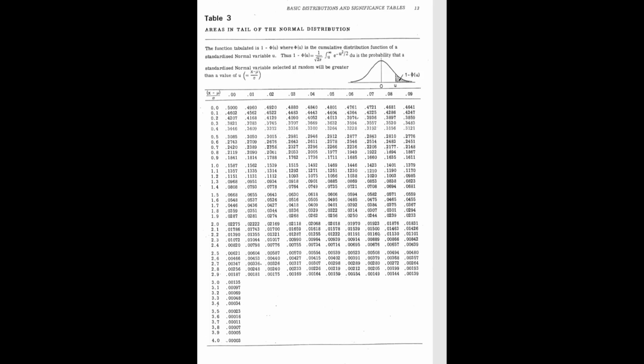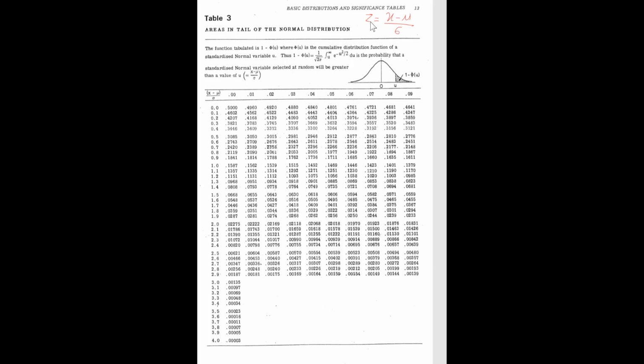Now we look at how to get the probability from the normal distribution table. This table 3 is a normal distribution, the standardized normal distribution in which we use Z. So Z is x minus the mean over the standard deviation.